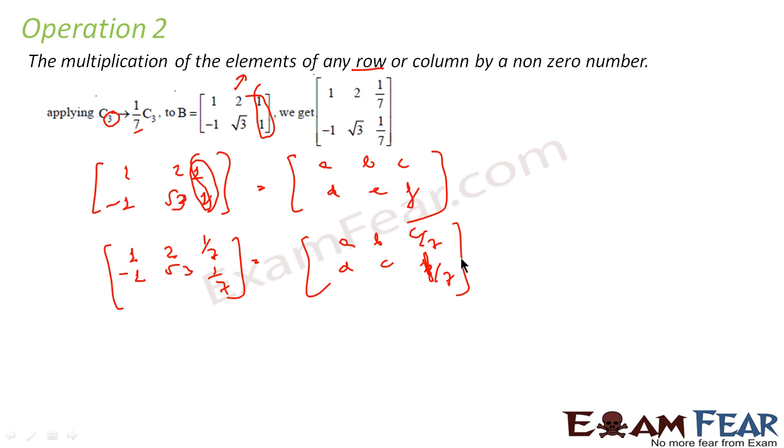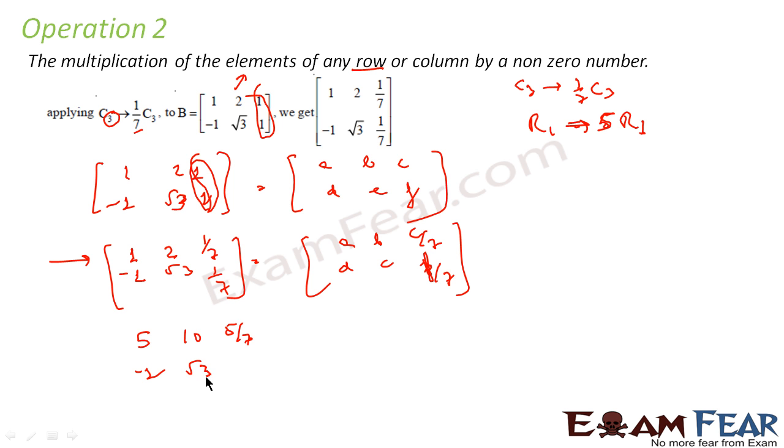So this is one operation, where you multiply one row or one column. In this case, this is called C3 equal to 1 by 7 C3. Now, after this, whatever I've got, I want to make row 1 equal to 5 times row 1. That means I want to multiply all the elements in row 1 by 5. So I multiply all these elements by 5, and I get 5 into 1, 5 into root 3, 5 by 7.